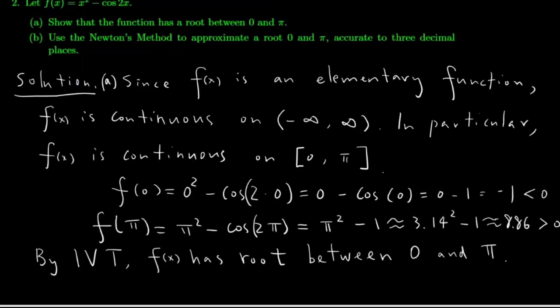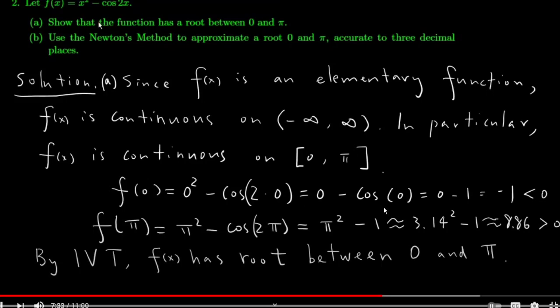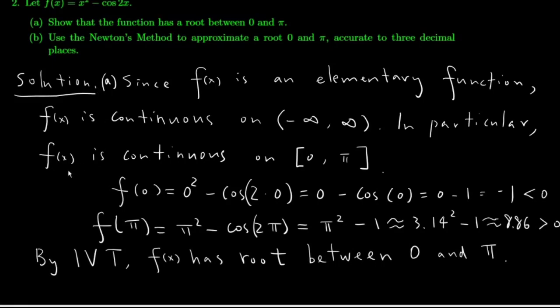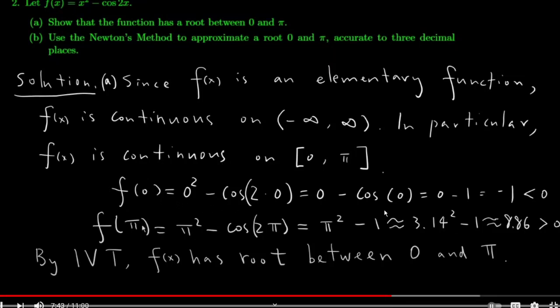To show the function has a root between 2 numbers, we use the intermediate value theorem. Verify the 2 conditions. The function is continuous on the closed interval, and the values of the function at the 2 numbers have different signs. So this part is simple. I did not go over that in much detail, but evaluate the function at 0.